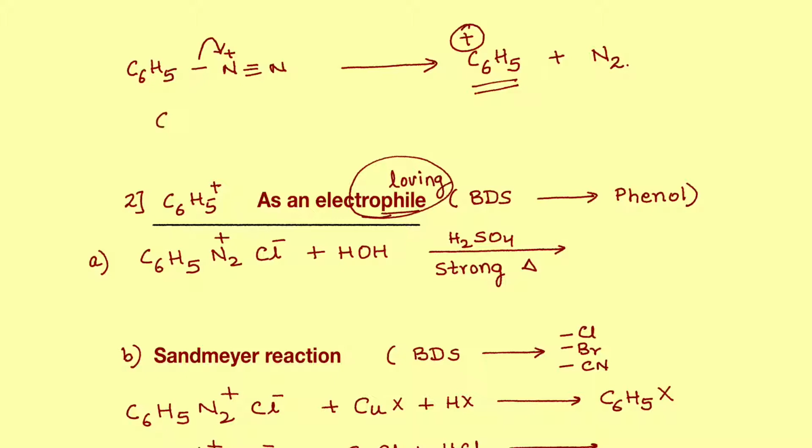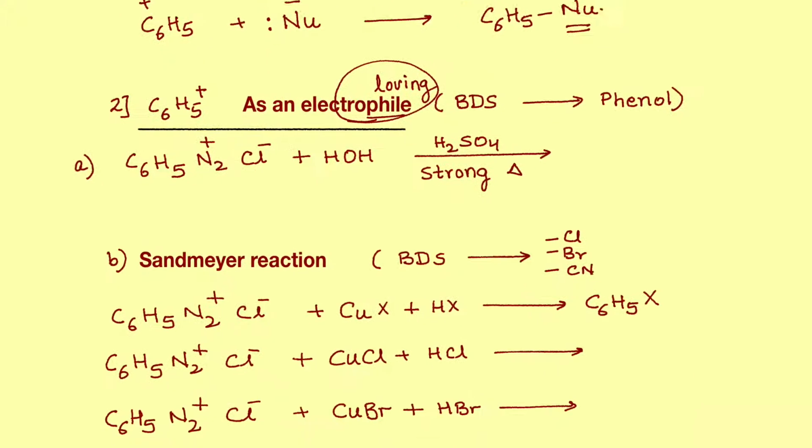That means this phenyl group will combine with anything which has a negative charge or has an excess of electrons, forming C6H5Nu. So we have basically substituted the diazo group by a nucleophile. Here the C6H5 positive group is acting as the electrophile.